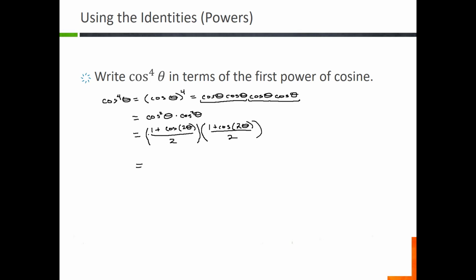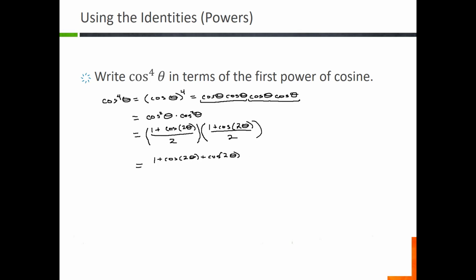So when we FOIL the numerator, 1 times 1, the first terms, is going to give us a 1. And then we do the outsides. So we have a 1 times a cosine of 2 theta, so that's plus a cosine of 2 theta. We do the insides, which is a cosine of 2 theta times another 1, so it's just going to be another cosine of 2 theta.